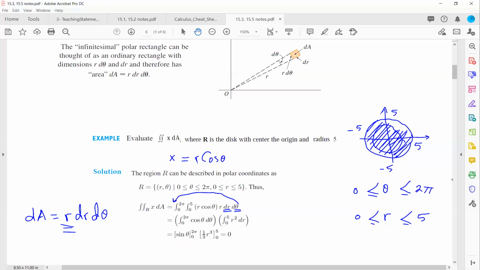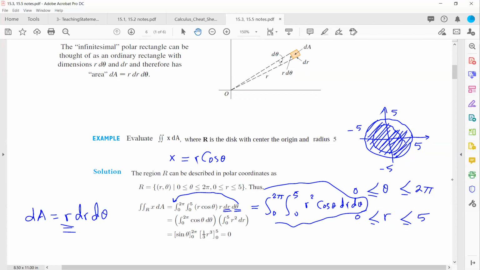Do we have a nice function? Do we have a separable function? Of course. It is equal to the integral 0 to 2 pi, integral 0 to 5, r squared cosine theta dr d theta. r and theta are not dependent, so we can write this double integral as the product of two integrals.